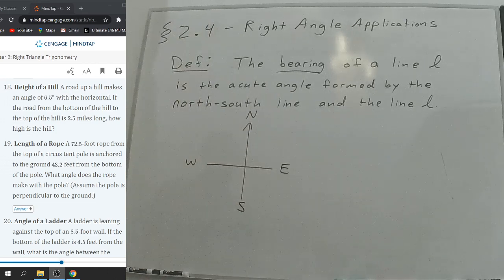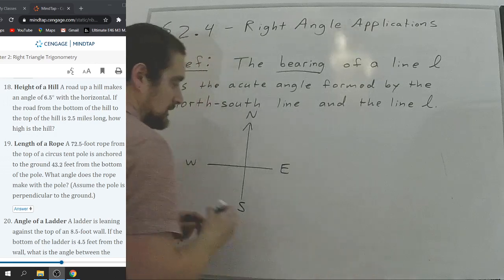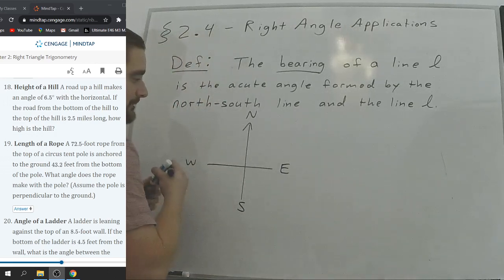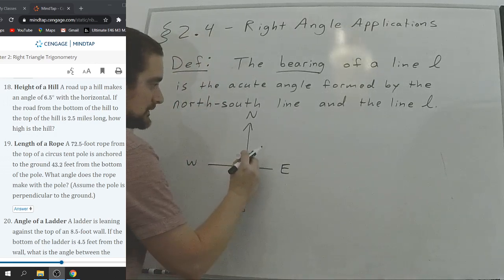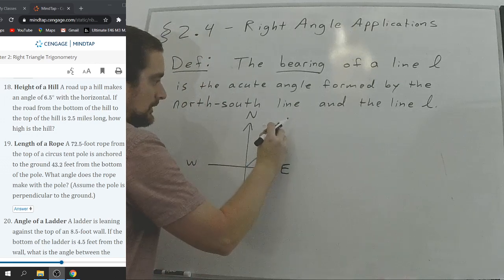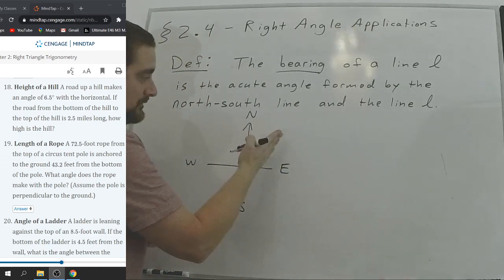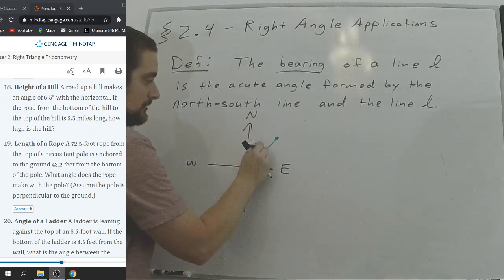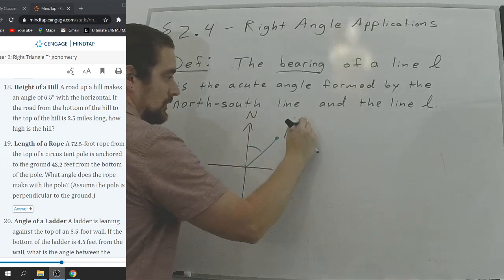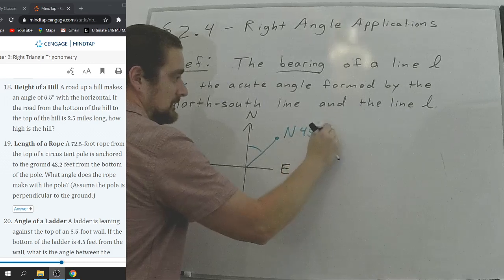So we talk about bearing as coming from the north-south line, meaning I could have an object that is traveling north bearing 45 degrees east. And we would write that out, north 45 degrees east.